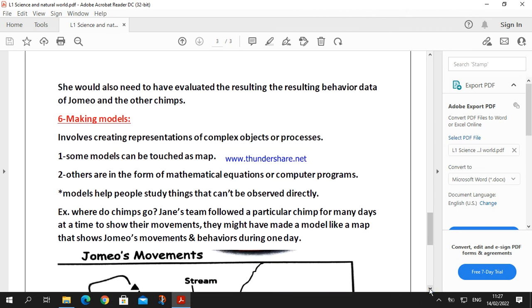Making models. The last skill used by scientists to explore the natural world, making models, involves creating representations of complex objects or processes. Some models can be touched, such as a map. Others are in the form of mathematical equations or computer programs. Models help people study things that can't be observed directly.